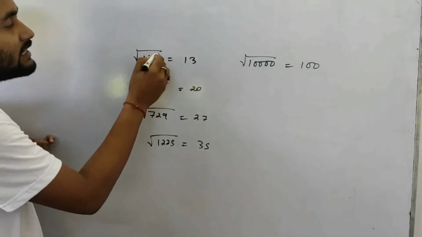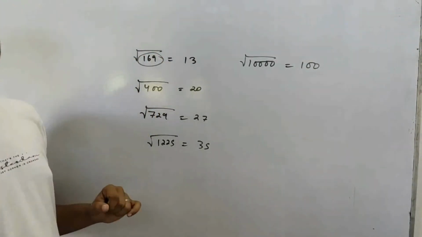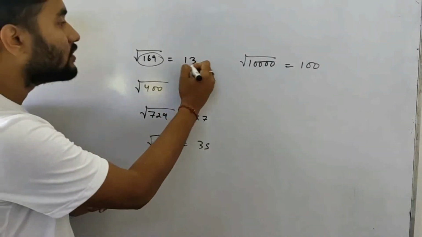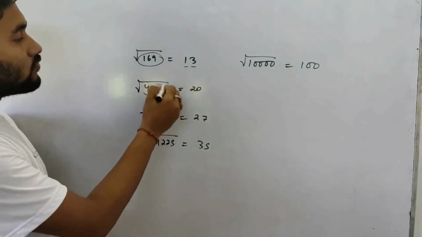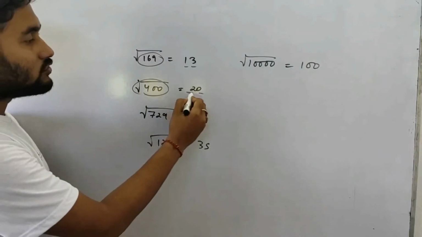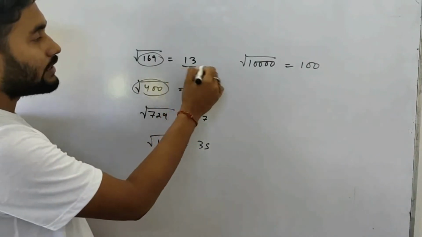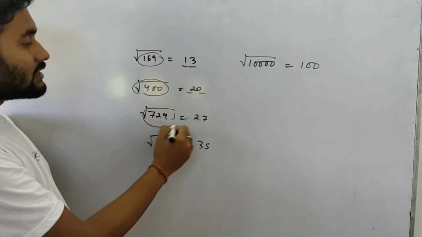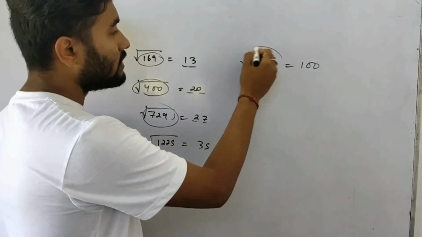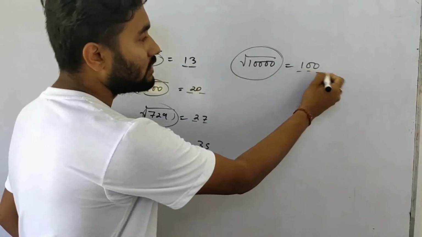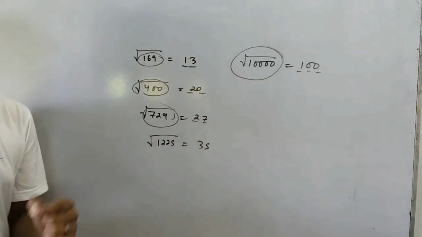Means how many digits will be there in the square root of 169? 2 digits. The square root of 400? 2 digits, one is 2, one is 0. One is 1, one is 3. The square root of 729? 2 digits. The square root of 10000? 3 digits.